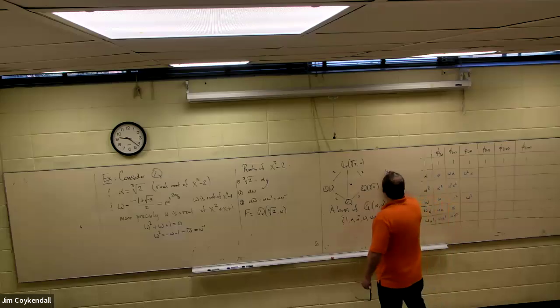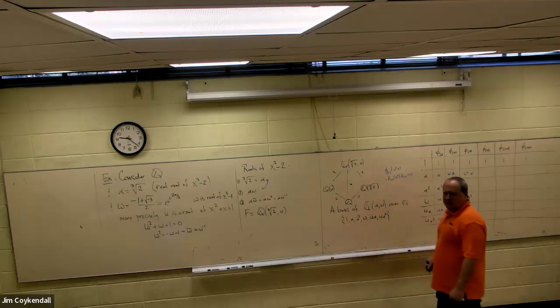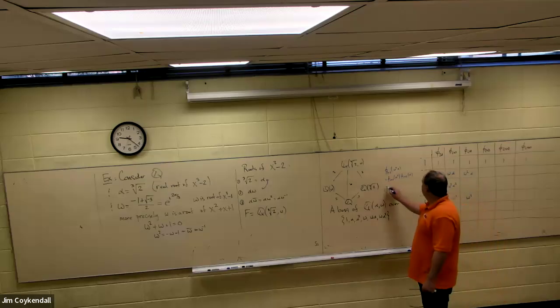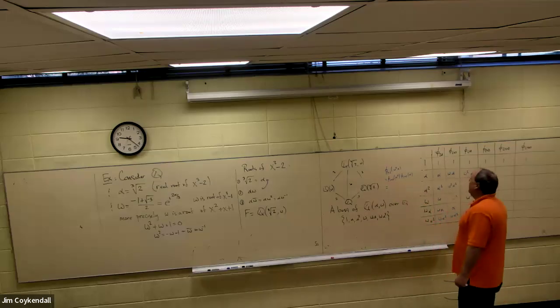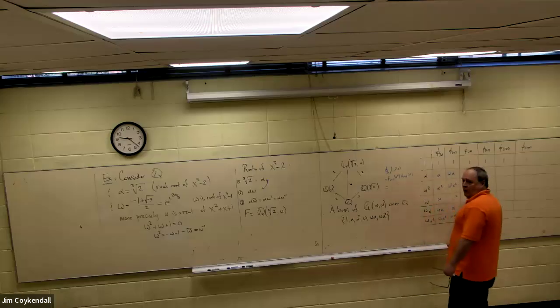Because if you look at phi 1,2 of omega squared alpha, this is phi 1,2 of omega squared times phi 1,2 of alpha, correct? And now just look at the table. Since omega goes to omega squared, the other root has to go back to this.